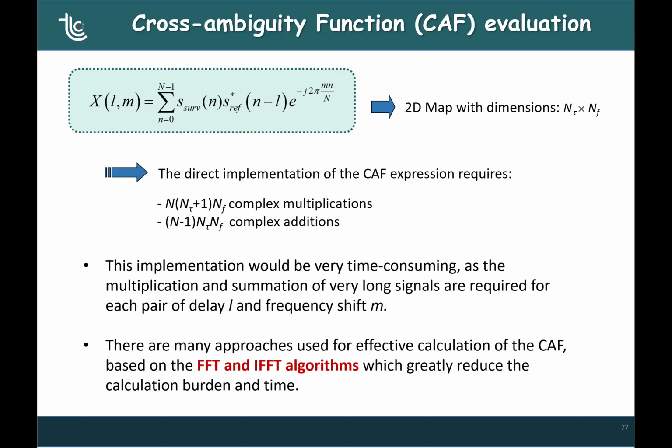Because we know that these algorithms are particularly fast and efficient, particularly if we use a power of 2 in the number of samples for both the FFT and the inverse FFT algorithm. Why can we use these algorithms? Because the ambiguity function actually is practically a correlation, or we can interpret it also as a convolution.